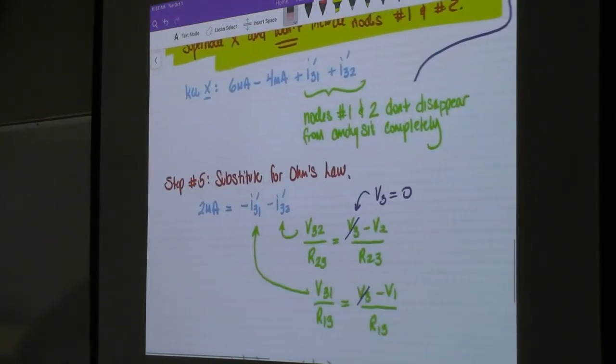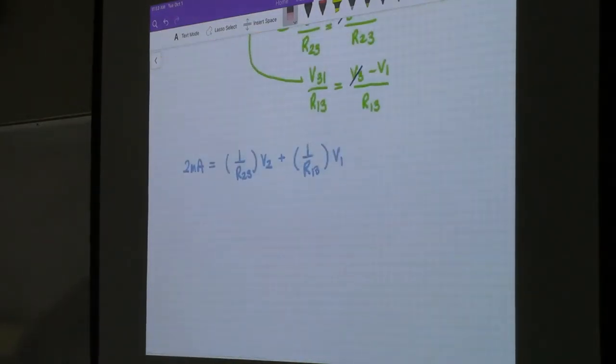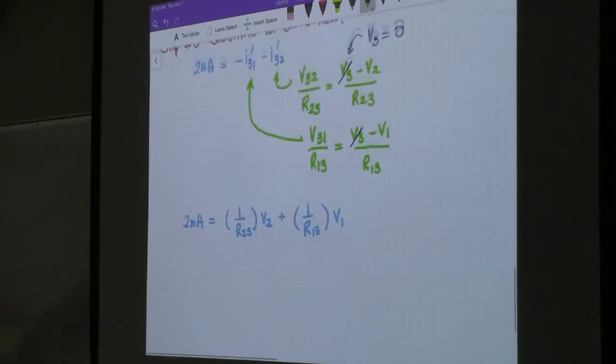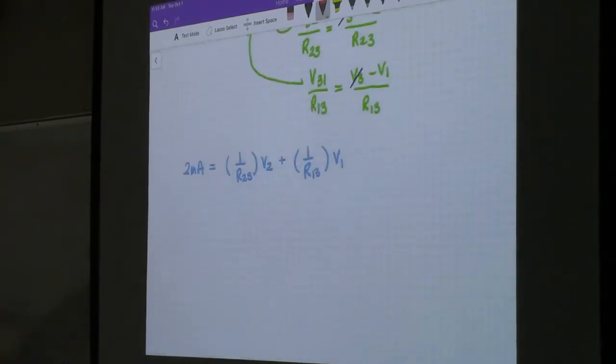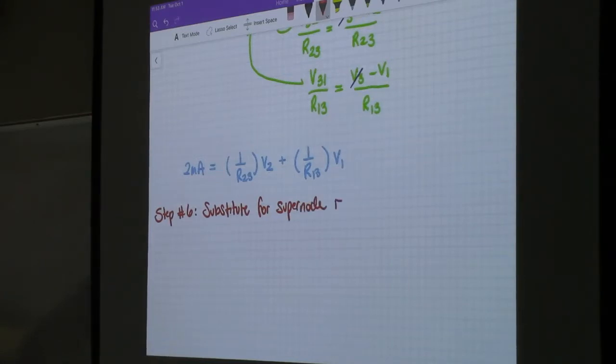All right, so we substituted for Ohm's law. I'll make it a separate step just for the sake of completeness. Step number 6, substitute for the supernode relationship.